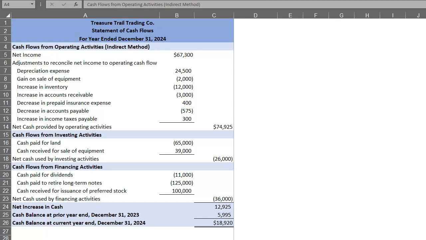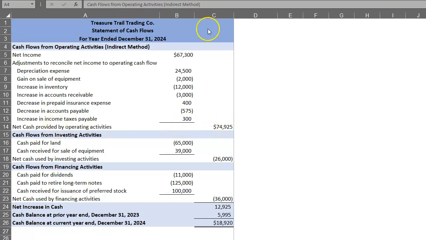It's used by the majority of companies because it links cash flows to the income statement and the balance sheet. The other biggest reason is it's easier to prepare, especially for a larger company, compared to the direct method. So if you tab through the cells underneath, you will see the net income for the company as well as those adjustments that I mentioned.